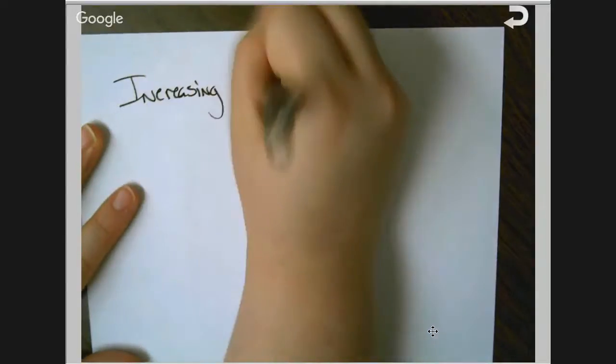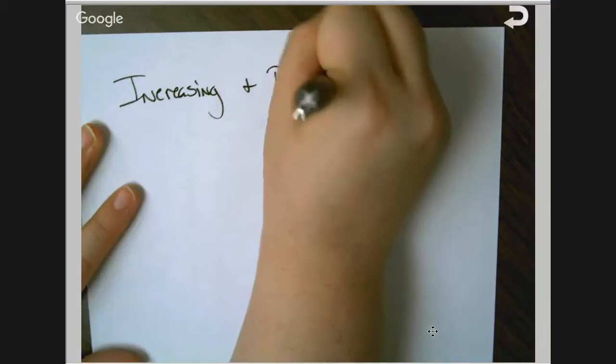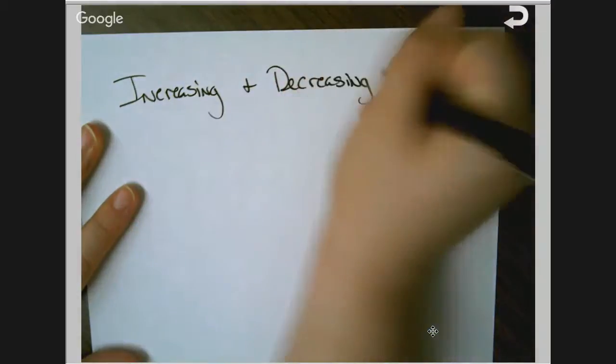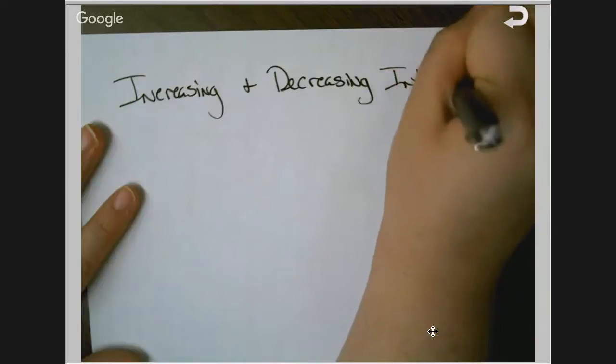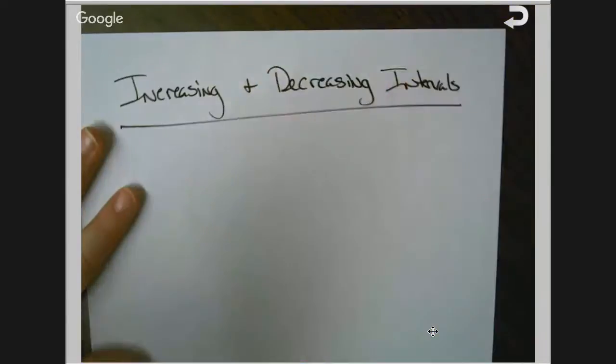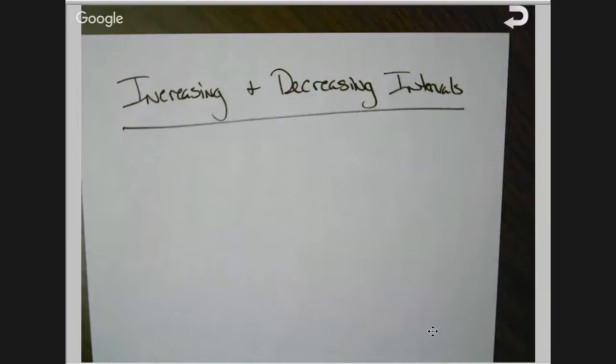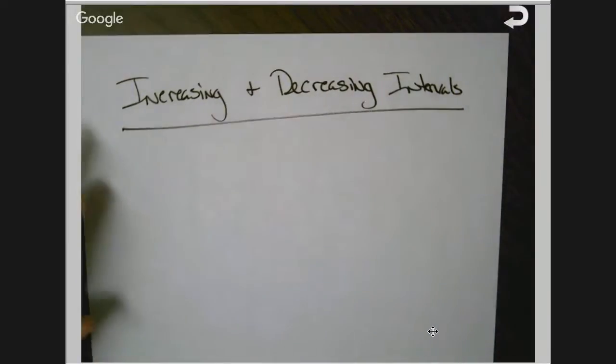Okay, so the last thing we're going to talk about is increasing and decreasing intervals. It is exactly what it sounds like.